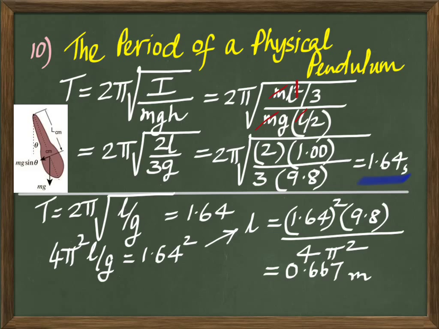And then plug the numbers in, get 1.64, and if it was a simple pendulum, this time period, you can find the length simply by making length the subject and calculating.